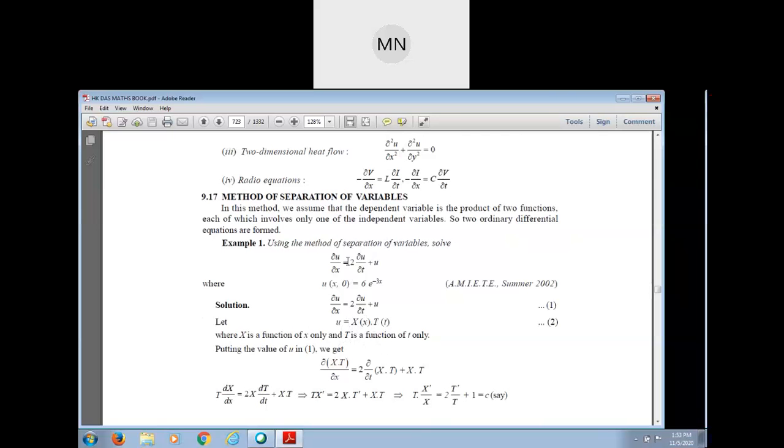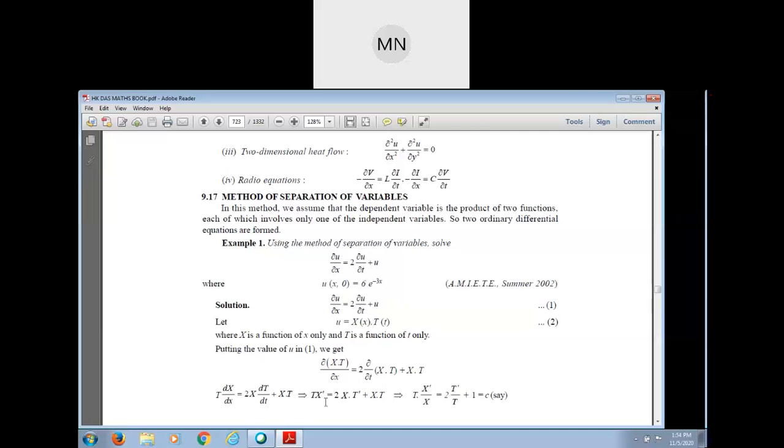Then we get del x, and u is X into T. Similarly, the right hand side equals 2 into del t into X into T plus u, and u means X into T.